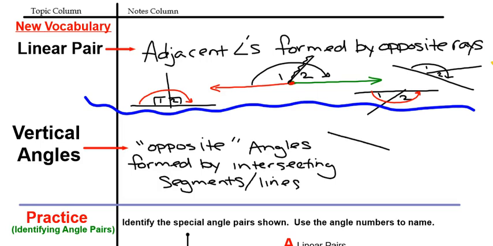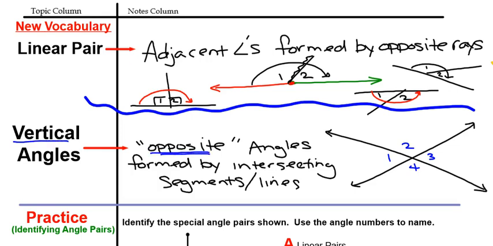So if we intersect two lines or segments, notice that we have 4 angles here, 4 main angles, 4 single angles. And the vertical angles are the ones that are opposite of each other.